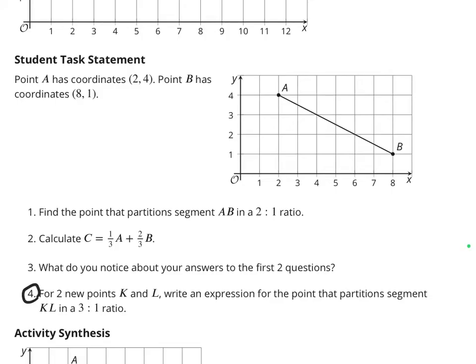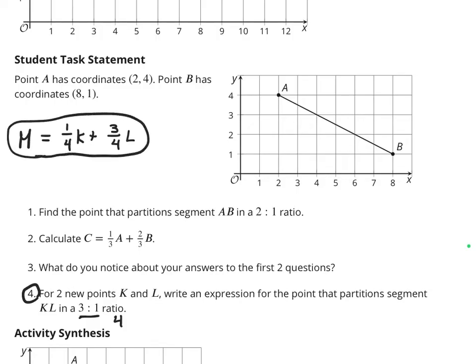So I'm going to say KL, let's call it M, equals, and we need to go to a 3-to-1 ratio. 3 plus 1 is 4, so we need to break that segment up into 4 equal pieces. And we want the K term to be 1/4 of the way down, and the L to be 3/4 of the way. That would be our expression for the ordered pair we're calling M.